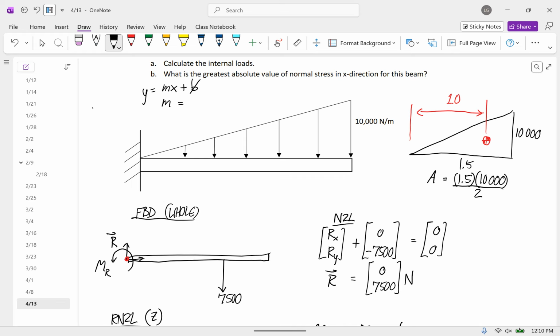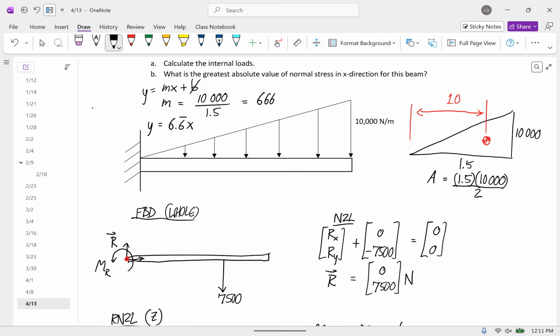So it rises from a distributed load of 0 to a height of 10,000 over a run of 1.5. So that is 6.6 repeating 1,000.